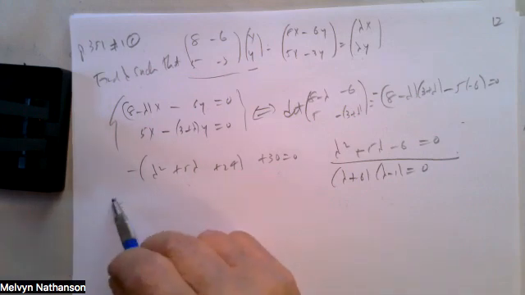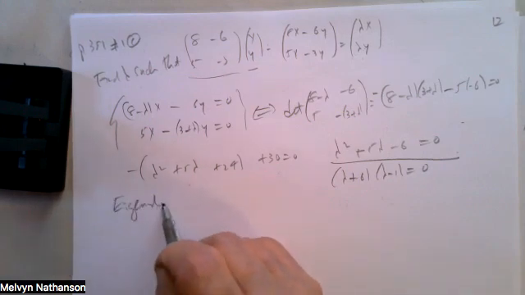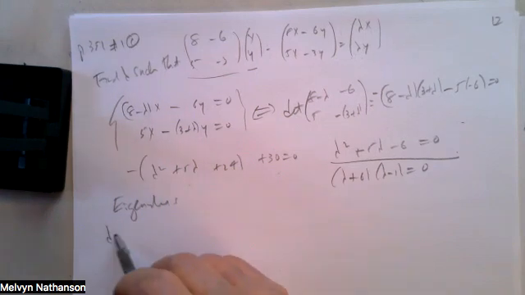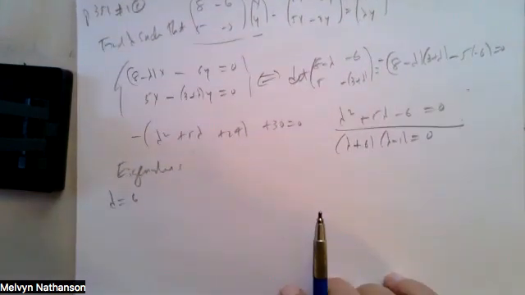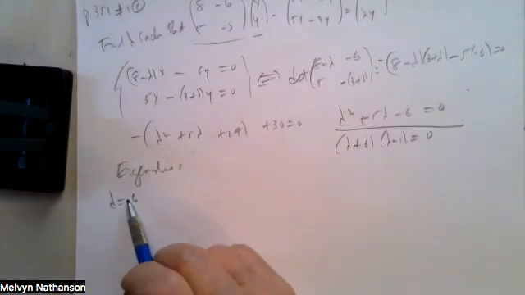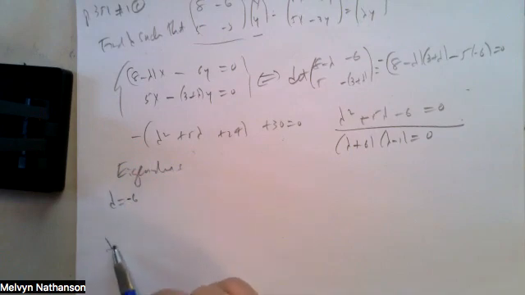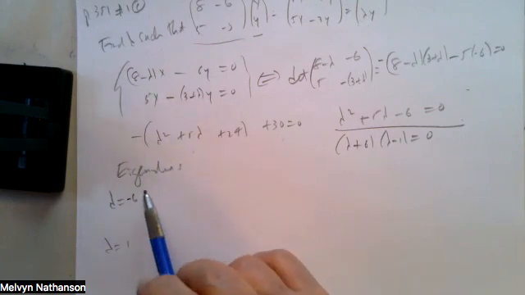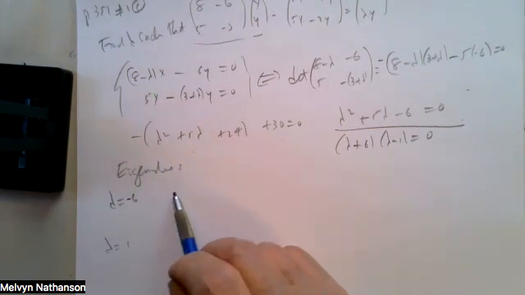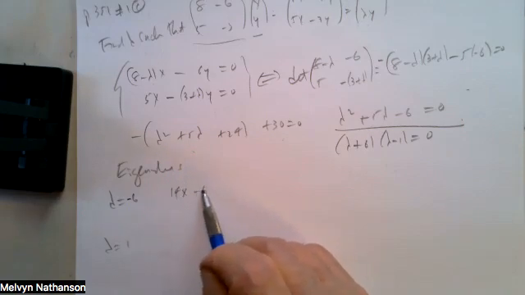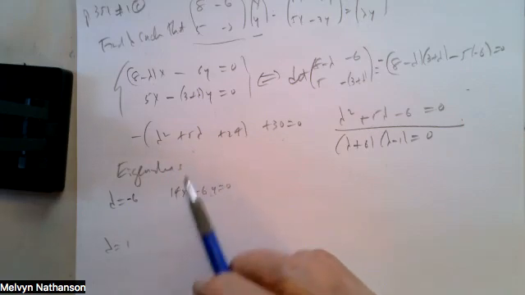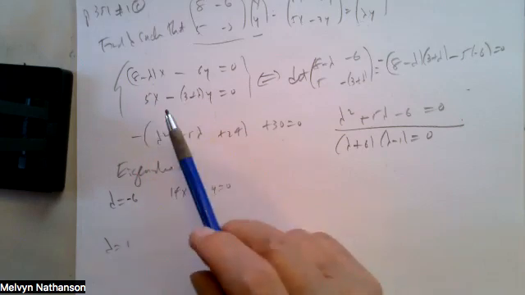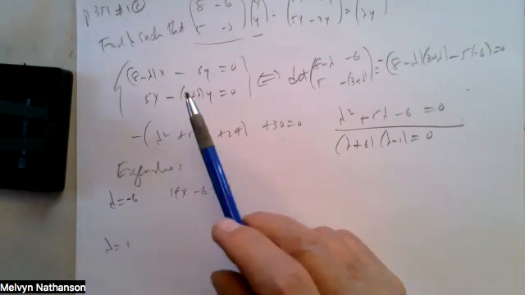So we have eigenvalues λ equals 6, λ equals -6, and λ equals 1. If λ is -6, this is the equation 14x - 6y equals 0. This is the equation 5x.